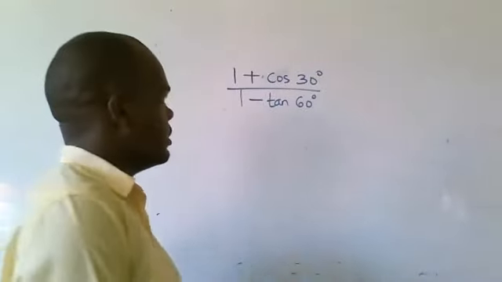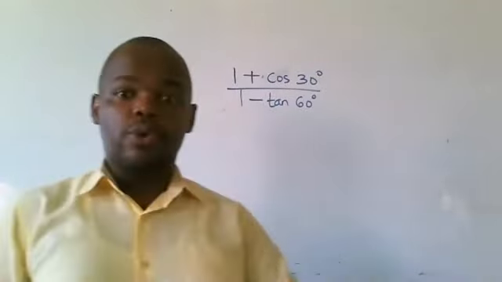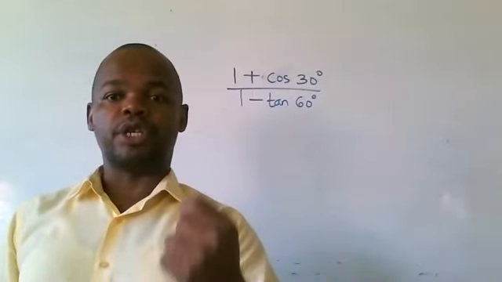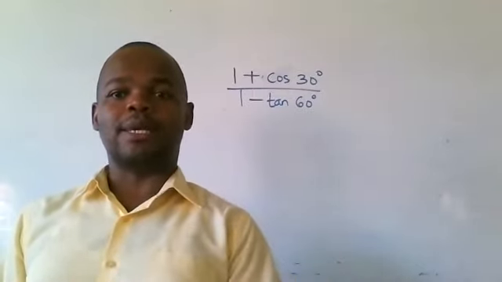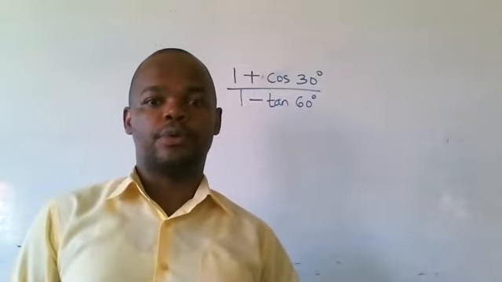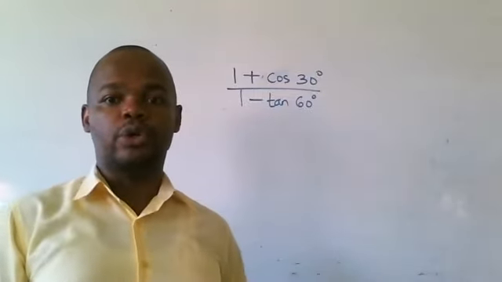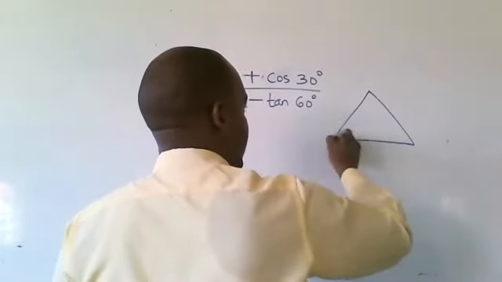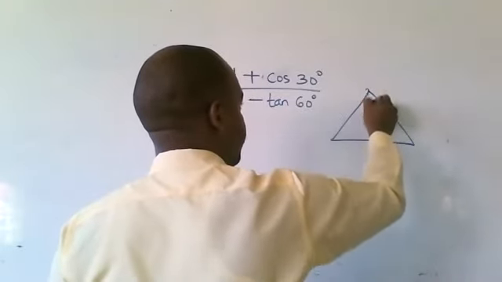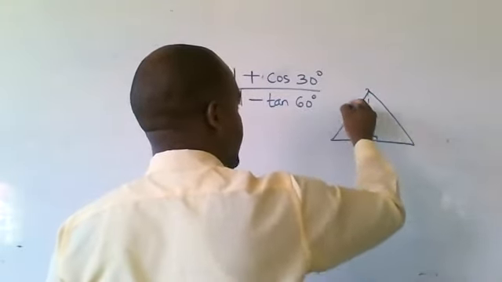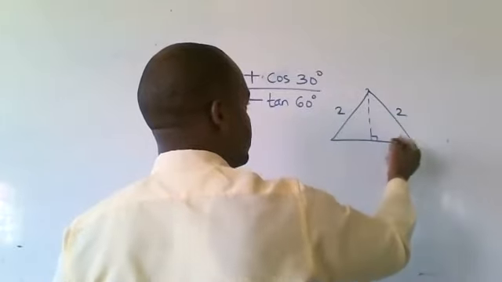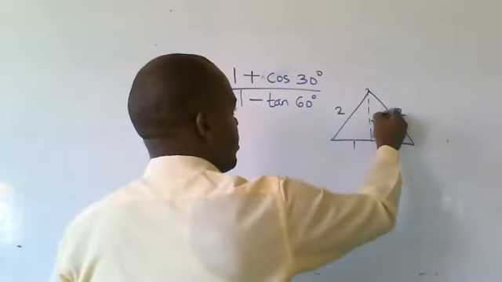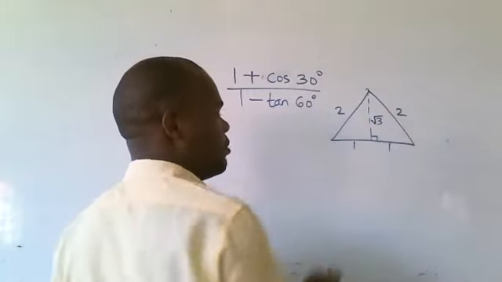Now, look at it this way. You have to know that 30 degrees, 60 degrees, and 45 degrees are special angles of which you can get their value. So like 30 and 60, you'll use an equilateral triangle. So if I use an equilateral triangle like this, measuring 2 units, and this is 1, 1, then the height here will be square root of 3.